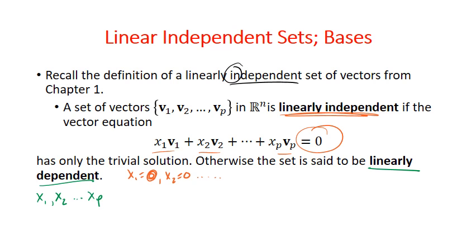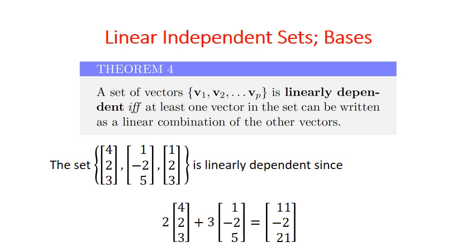A couple other things. Linearly dependent sets will occur if two vectors are multiples of one another, and if any set contains the 0 vector. So those are some things that we've talked about in the past. We now move to theorem 4, which says a set of vectors is linearly dependent if and only if at least one vector in the set can be written as a linear combination of the other vectors.